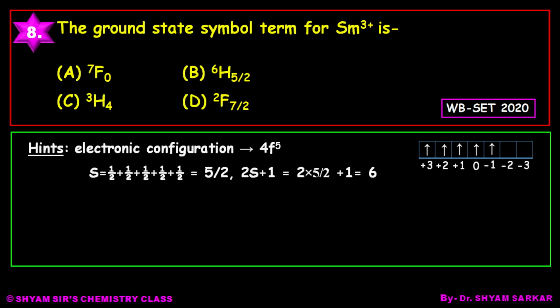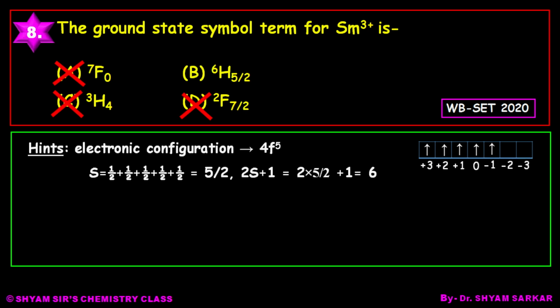Now 6 means you can cross out 3 options, A, C and D. So B will be the correct answer because only one option has spin multiplicity 6. You need not do further calculation in the exam, but for your convenience I will show the full calculation here.